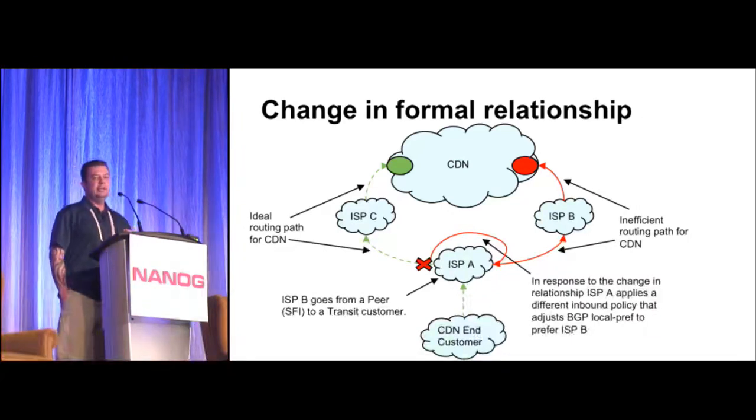So I'm going to get into possible solutions later on, but this is something that is a little bit more insidious to try to address, and this really brings up the whack-a-mole portion of it, because as a CDN, or even as an interim ISP, you try to do policies to address it, you end up inadvertently breaking other paths, and then you have to go try to address those, and then other things break. So it goes into this never-ending loop that is not sustainable.